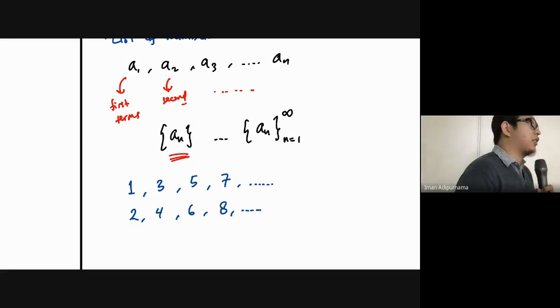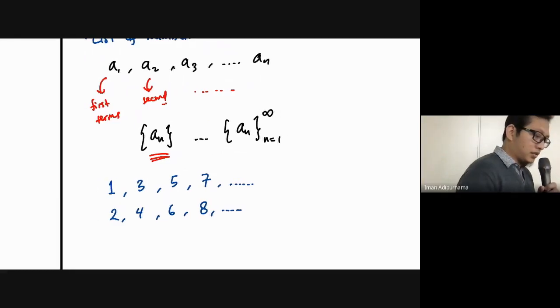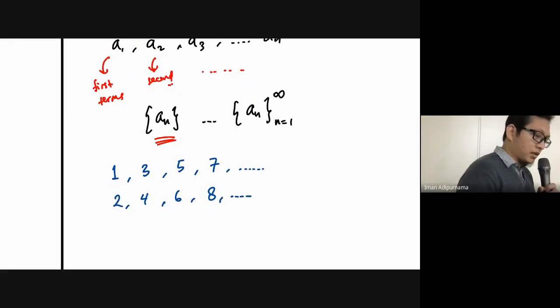And sometimes you can write several formulas for one sequence. Like this, maybe you can write n, 2n minus 1, right?